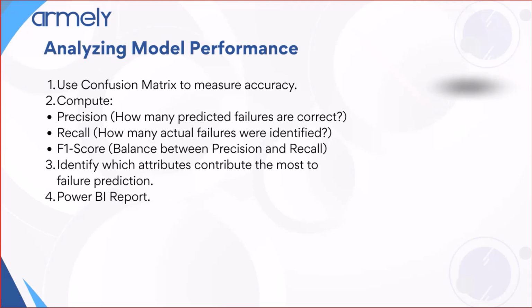If the precision is high, it means that our model rarely gives false alarms, so we can use this model for critical systems. If the recall is high, then our model rarely misses an actual failure, so we have fewer unexpected breakdowns. And the F1 score, like we said, is just a good balance between precision and recall.